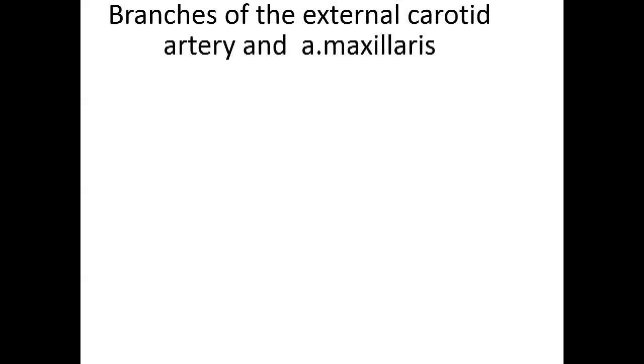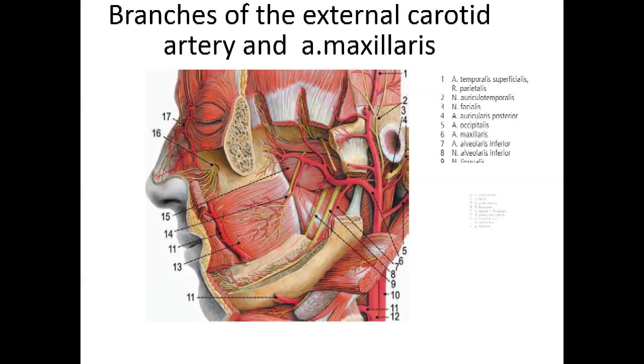And now branches of external carotid artery and arteria maxillaris. So arteria maxillaris, it's a photo from a very famous and very good textbook of Lippert in German language, but they use Latin, so it's easy for international purposes.